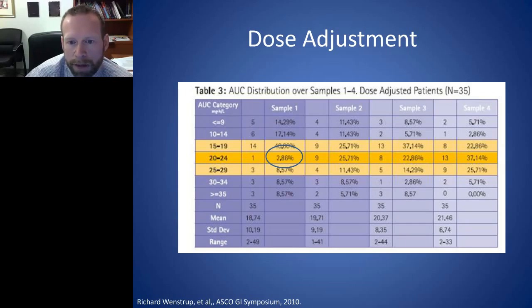So if you compare that with sample 4, where you've gone from 3% to almost 40% of patients in that narrow therapeutic target, and then you have an additional almost 50% in the fringe for a total of a little over 85%. So you have much higher in this therapeutic target window, and I think that is evidence that using this pharmacokinetically guided data, and if you're willing to jump in and make the dose adjustments, you can certainly drive toward a therapeutic target interval.